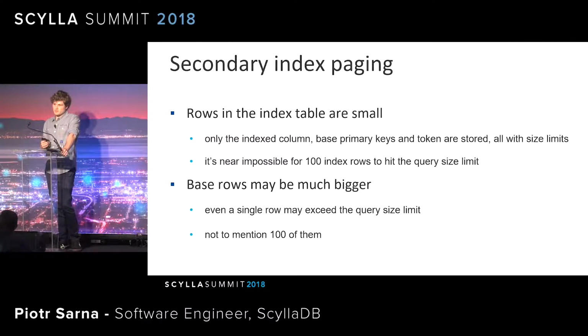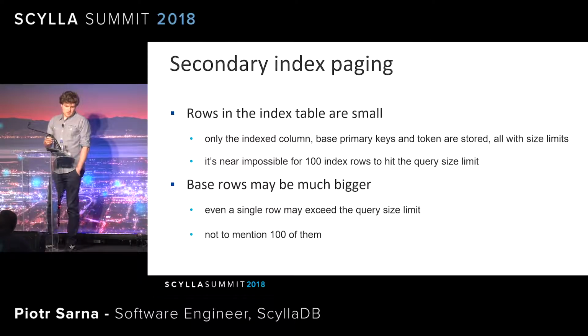It's 64 kilobytes, but they are usually way smaller anyway. So for a default page size of 100 that's in CQL shell, usually we will not hit the internal limit, and we will just return 100 rows because they are all small.